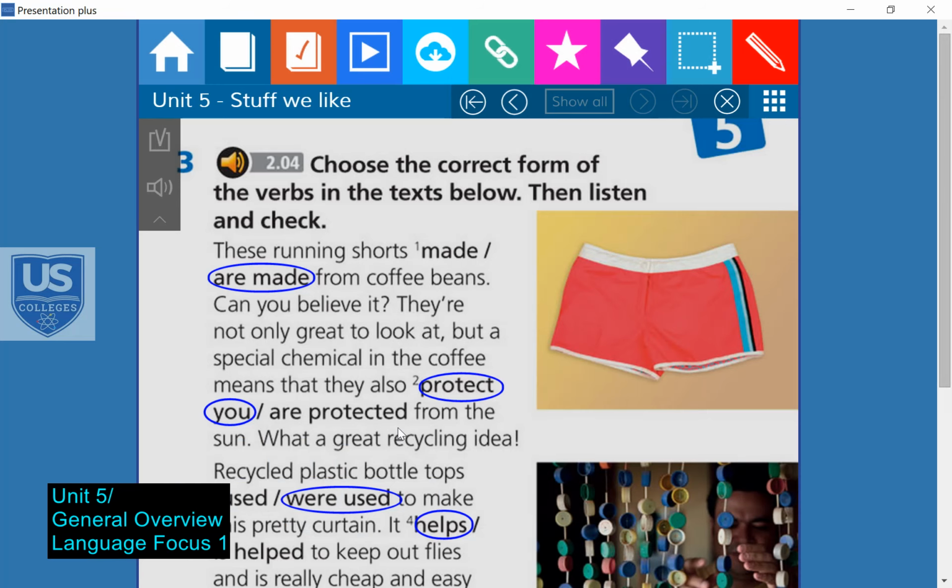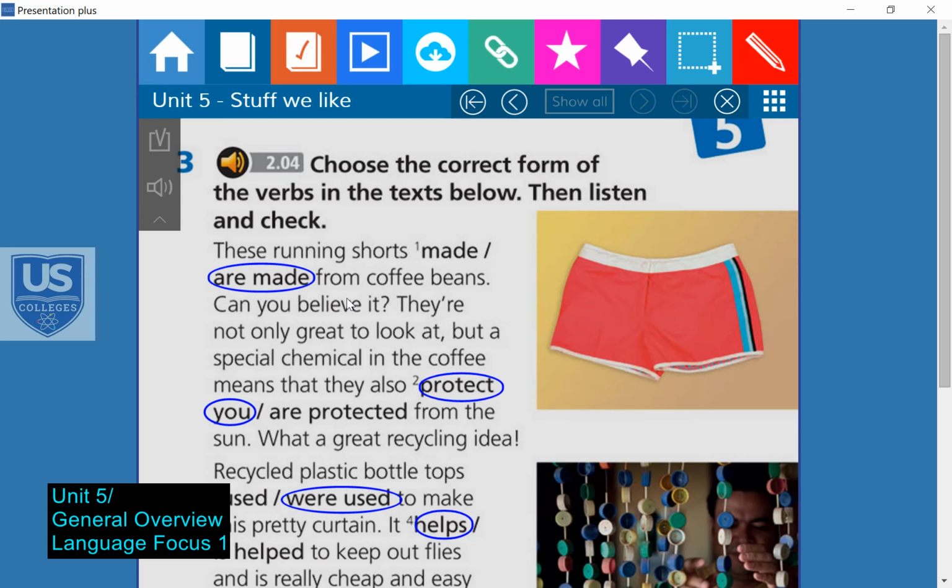The previous exercise was more like a controlled activity. Here in this third exercise, it seems a free activity, which means here you need to produce something. You need to show your skills about how to differentiate between passive and active. So let's start with the first sentence.